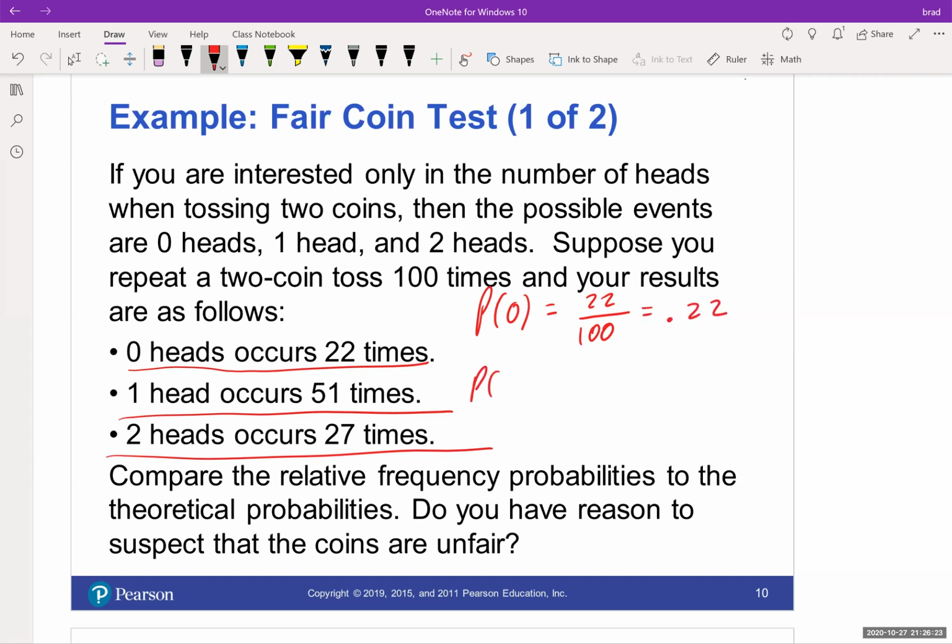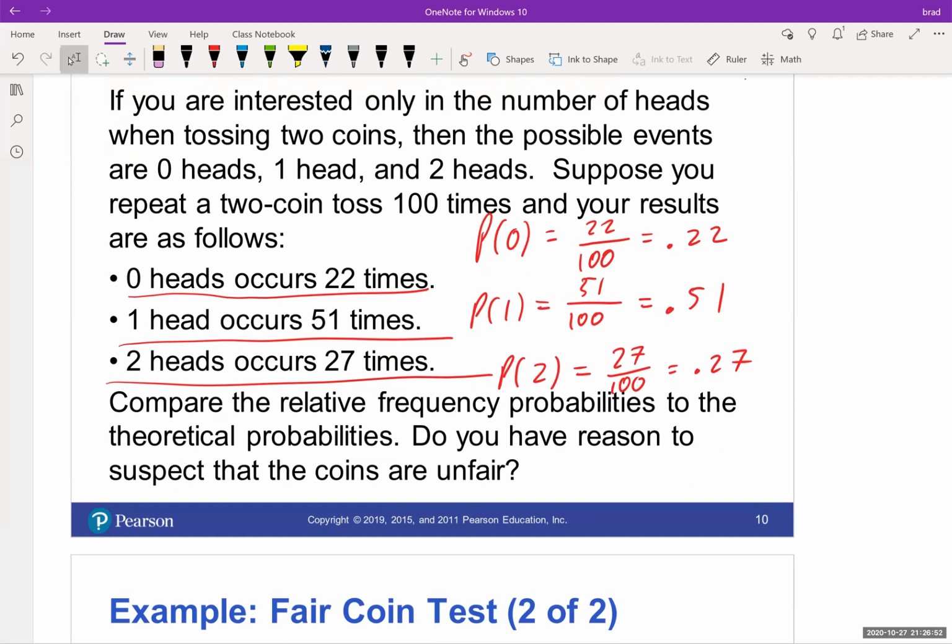Probability of 1 head being tossed is 51 divided by 100, which is 0.51. Probability of 2 heads being tossed would be 27 out of 100, so this would be 0.27. And this would account for the total 100% of all these scenarios.